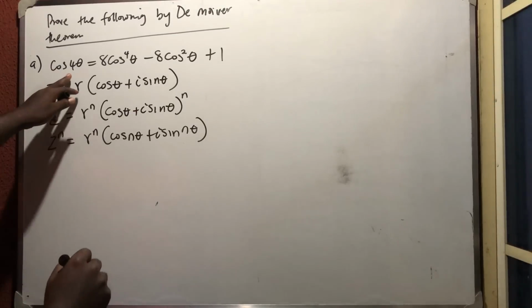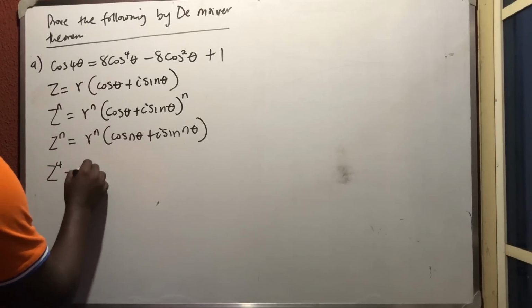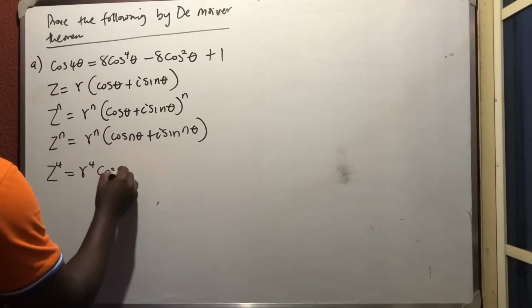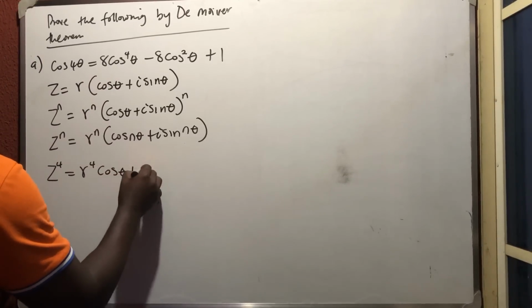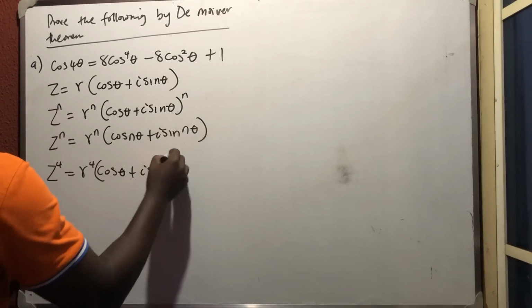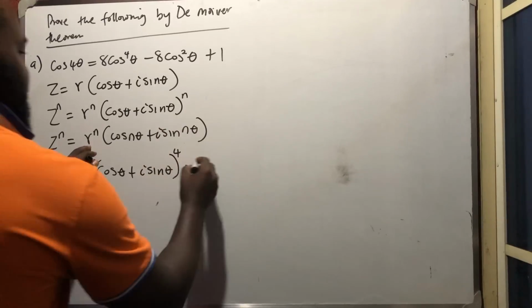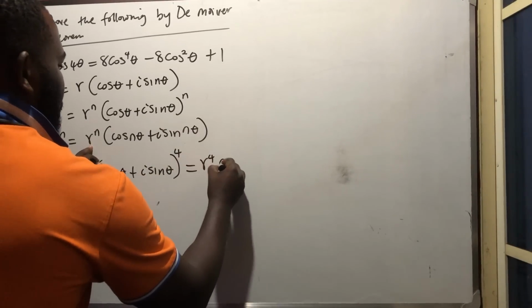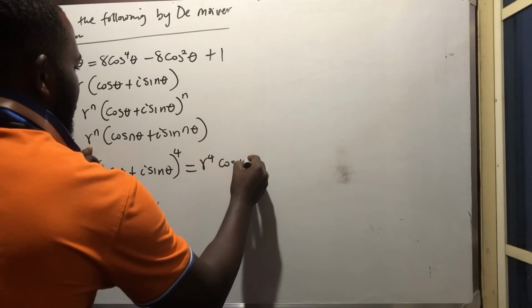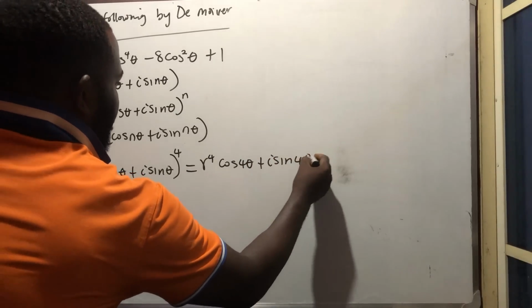So let me now change it to 4. So which means that z raised to power 4 is said as what? R raised to power 4 cos theta plus I sine theta, okay, like this, all raised to power 4 again, which the Moivre said that is R raised to power 4 cos 4 theta plus what? I sine 4 theta.